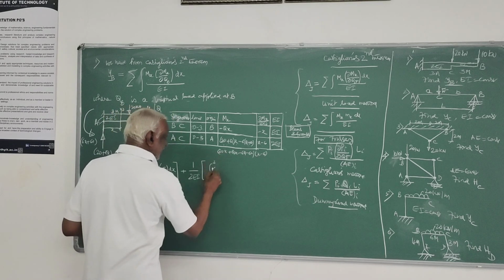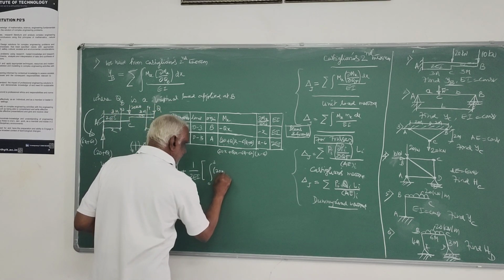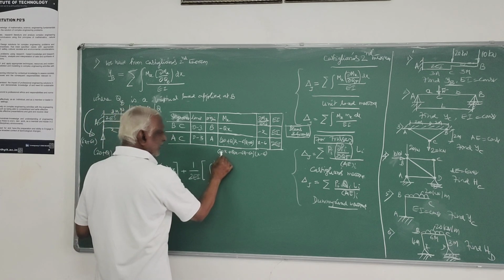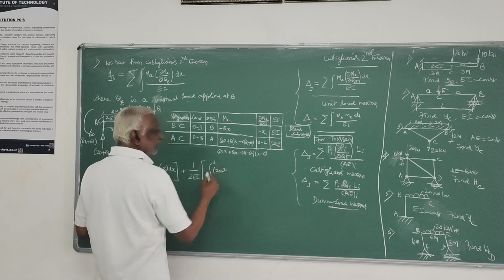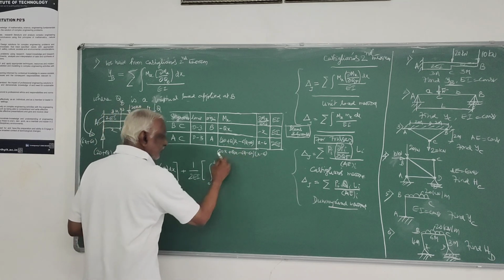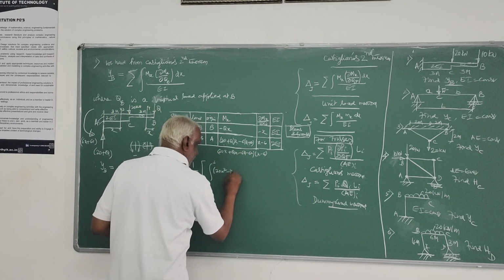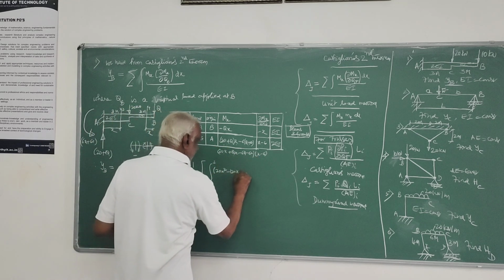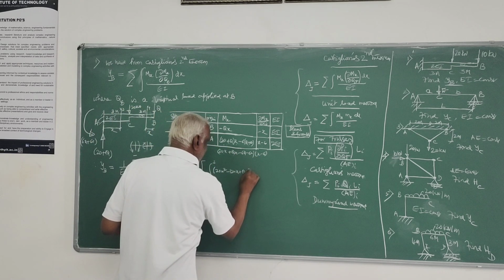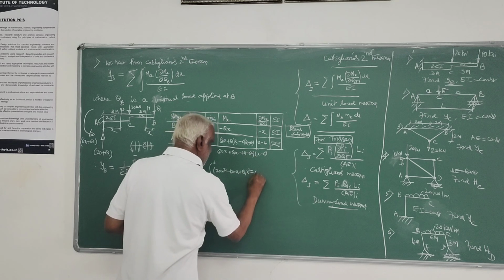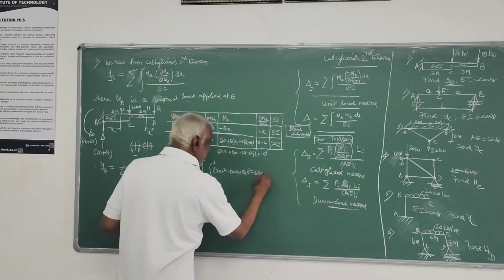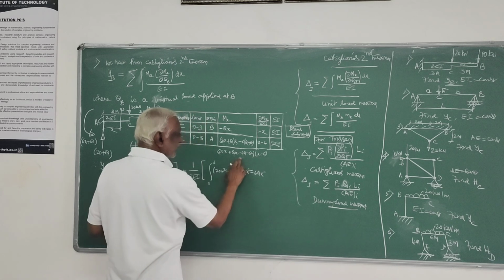So x into 20x, it is 20x square. Then minus 6 into 20x, it is 120x. Then qx square, plus qx square minus 6qx, then minus 6qx.